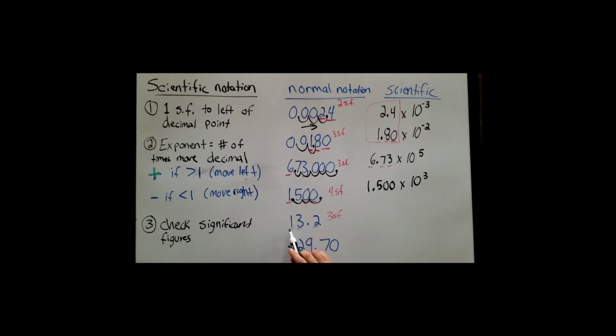And we don't want 2, we want just 1. So we want to move the decimal point between the 1 and the 3. That's going to give me 1.32 times 10 to the, to figure out the exponent, we start at the original decimal point. How many times do we have to move it? Just once in this case.